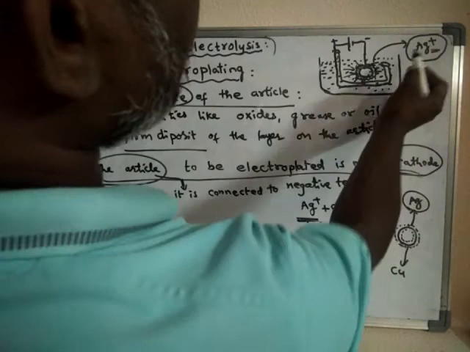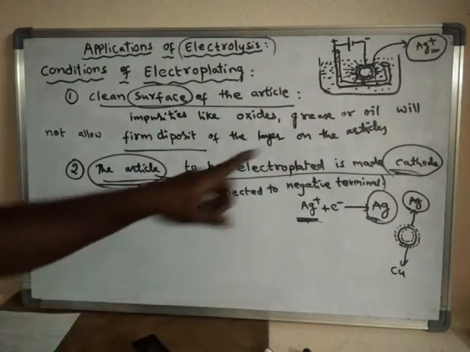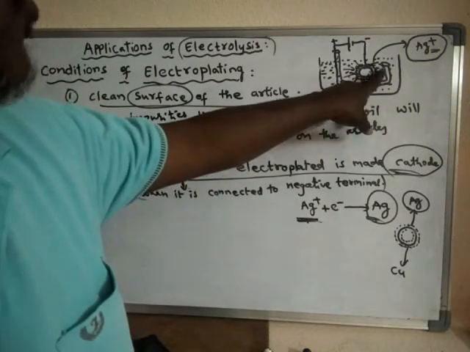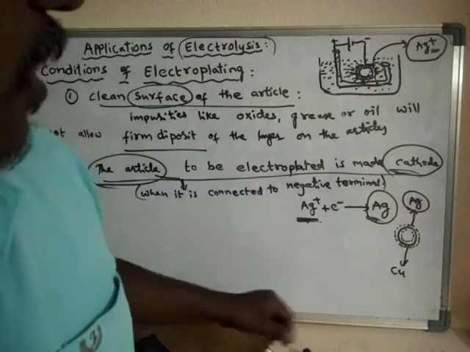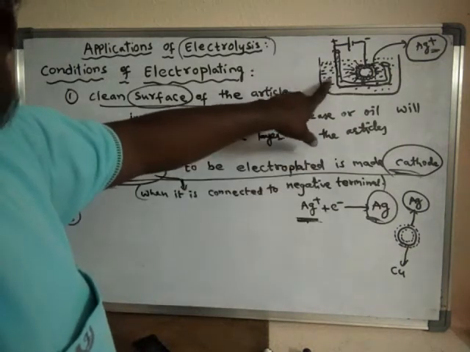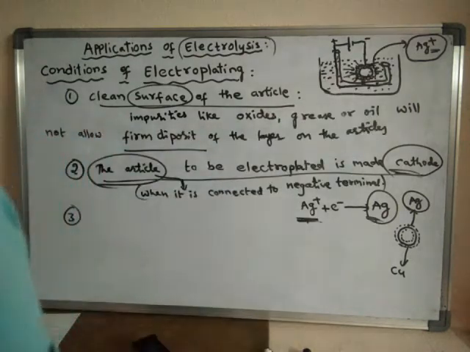So we are getting that silver from the electrolyte. As the silver is removed from the electrolyte and deposited on the copper metal, after a certain time, what happens? The amount of silver ions in the electrolyte will decrease gradually.